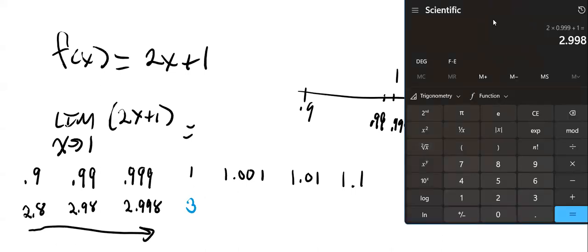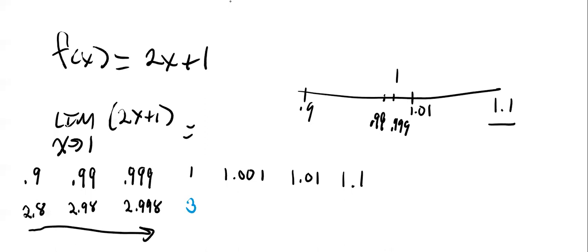So again, with my trusty calculator, 2 times 1.1 plus 1 is 3.2. So at 1.1 we have 3.2. Then we go closer. We're going to now go closer to when x is 1 and plug in 1.01. That's only a 100th away.